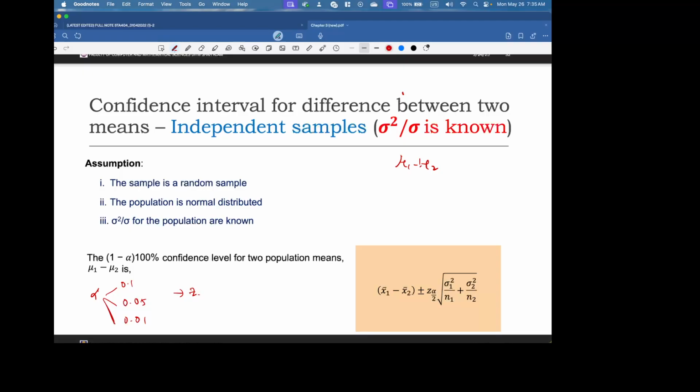value, where the z value is based on the z distribution. It means that we will use the statistical tables in Z. Right. So let's take a look at the formula. Since we have two groups, different groups will have different x bar.